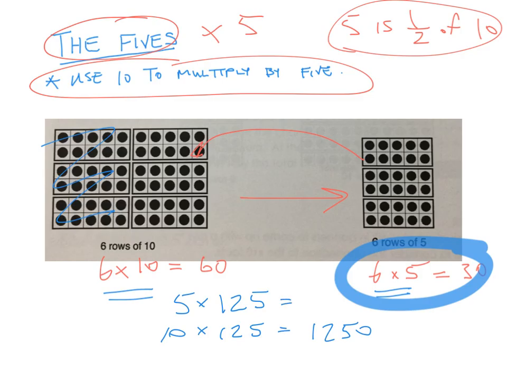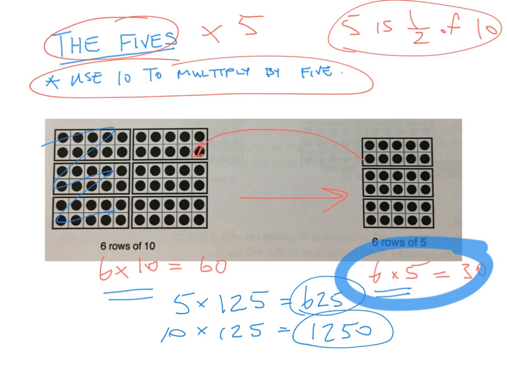So 5 times 125 is going to be half of 1,250. Well, half of 50 is 25, and half of 200 is 100, and half of 1,000 is 500. So 500 and 125 is 625. I can figure out anything multiplied by 5 if I use 10 and then just divide it by 2 or figure out what half of it is.